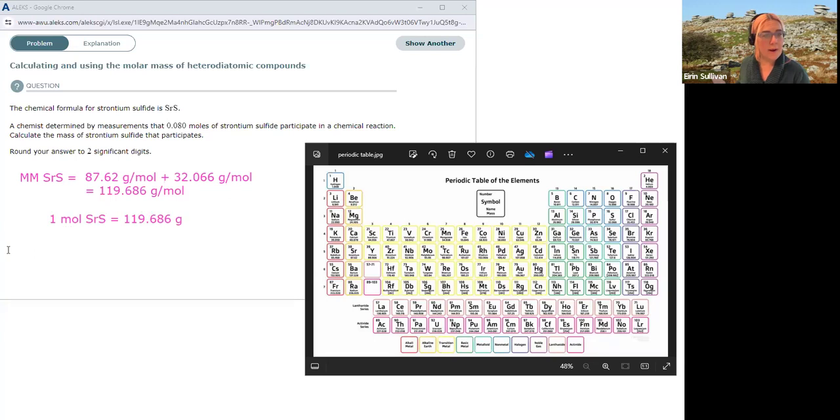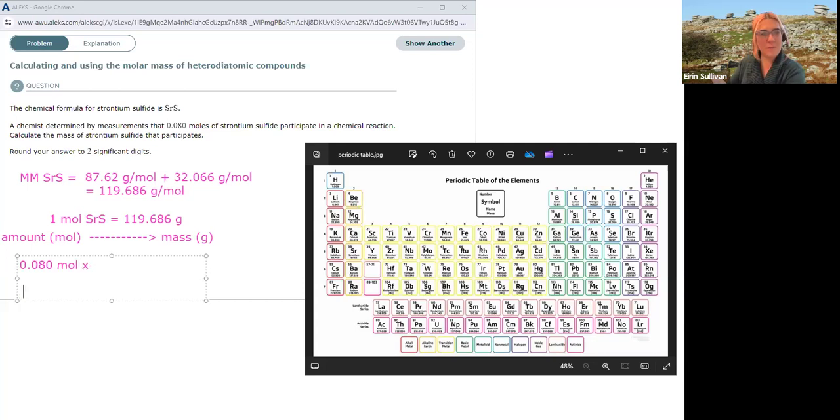Okay, so our plan then is we're going to want to convert between amount in moles to the mass in grams. So our conversion factor is going to be this equivalency here, that 1 mole of strontium sulfide weighs exactly 119.686 grams. So my amount in moles was 0.080 moles.